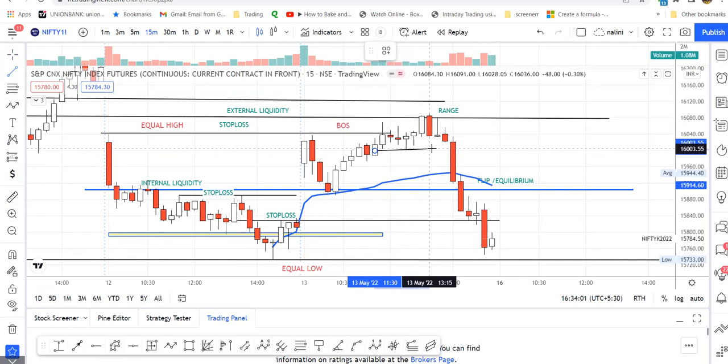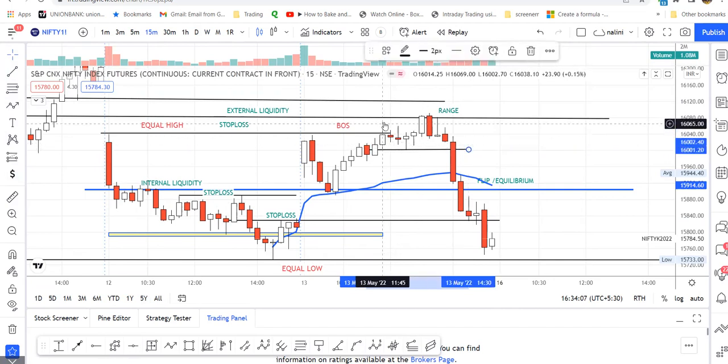See here. If you carefully see, the price came down and hunted the liquidity over here, grabbed the liquidity and started moving up.